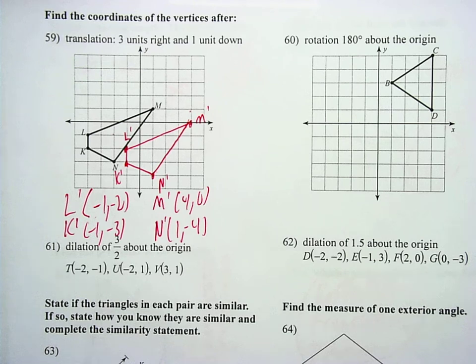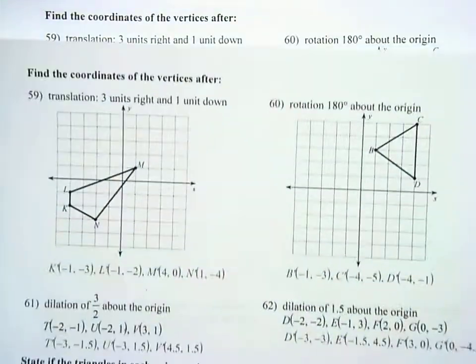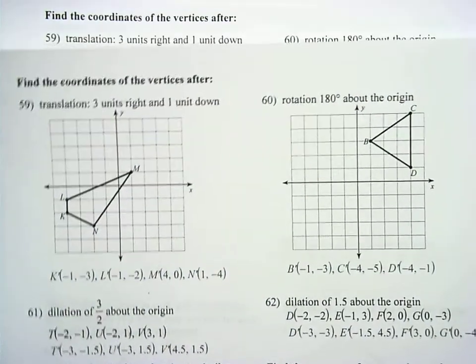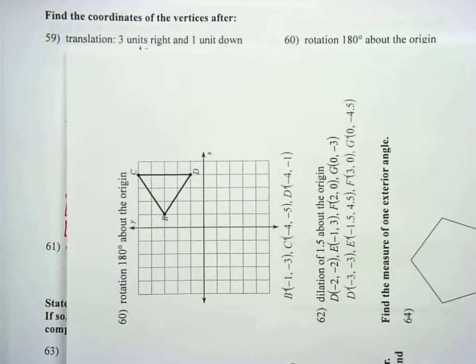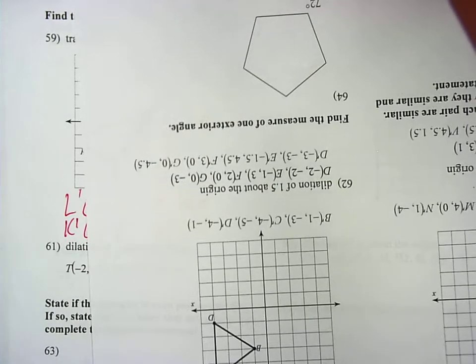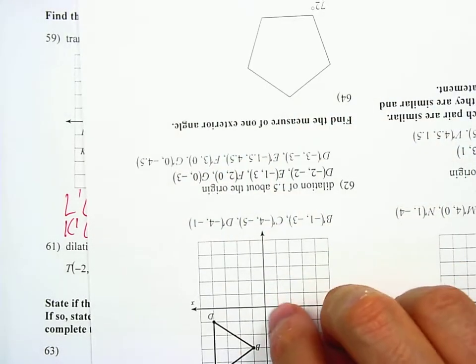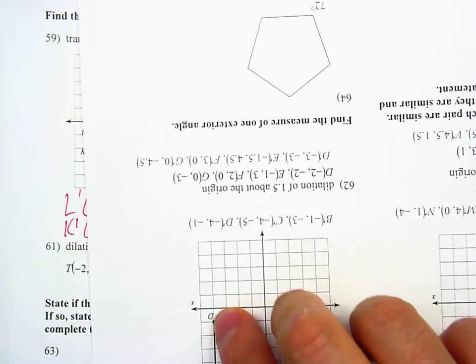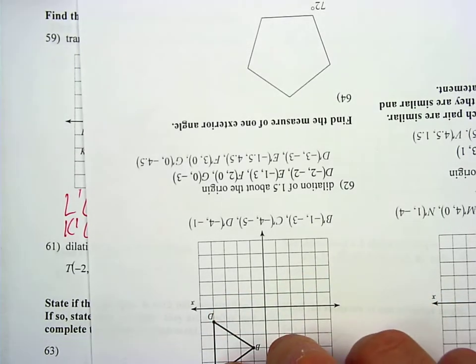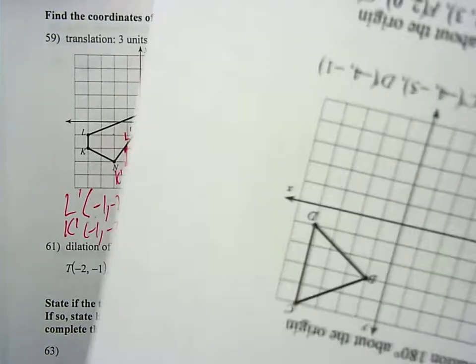All right, next one. Rotation, 180 degrees about the origin. So what I'm going to do here is spin the paper halfway. I do have a separate paper here to spin. So a rotation of 180 about the origin, we can either go counterclockwise or clockwise. It would not really matter. So here's 90, here's 180. Those are my new coordinates. So -1, -3, -4, -1, -4, -5.